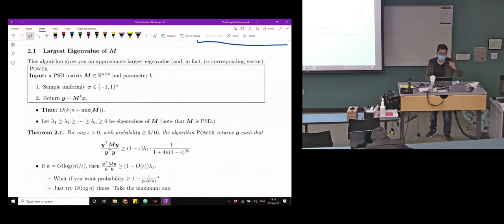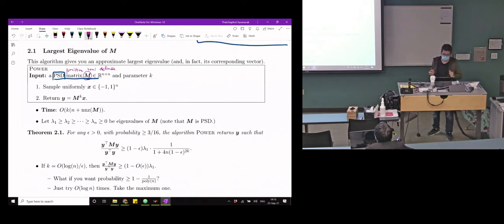Suppose you have some positive semi-definite matrix M. By PSD here I mean positive semi-definite, which is nothing but saying that it is real symmetric and all of the eigenvalues are at least 0.